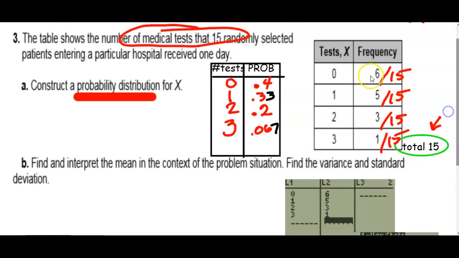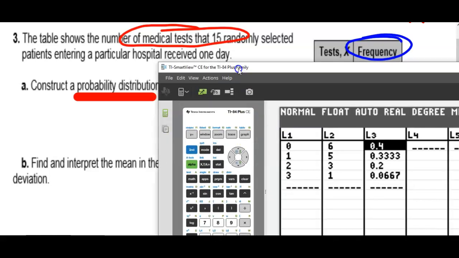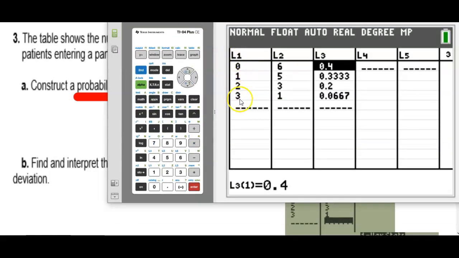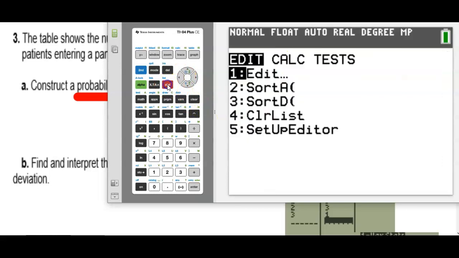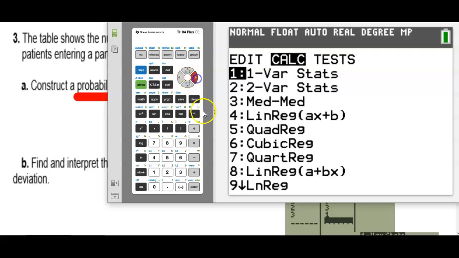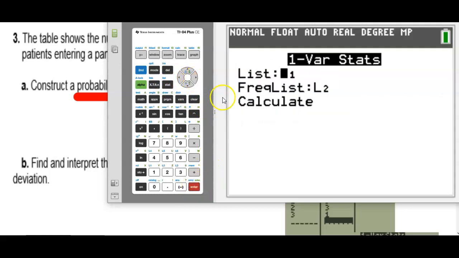Well, remember up here, it called this a frequency. We actually can use this list as a frequency list when calculating one variable stats. So if I put all these in the test score, or the number of tests run here, and the number of people who said they had that many tests, then if I want to do the one variable stats, it's stat, right arrow, one variable stats, and we can use list 2 as a frequency list.